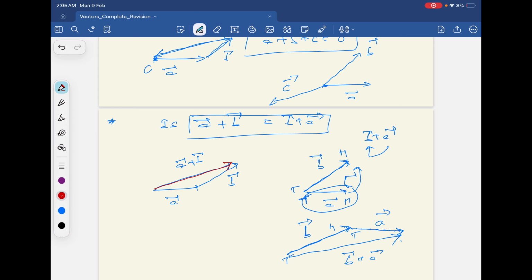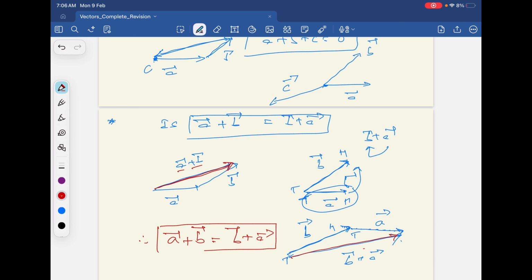It is happening. See, the A plus B magnitude is like this, and similarly the B plus A magnitude is also the same. This is the third side, and this is also the third side. The directions are the same, so you can say vector addition is commutative: A bar plus B bar is equal to B bar plus A bar.